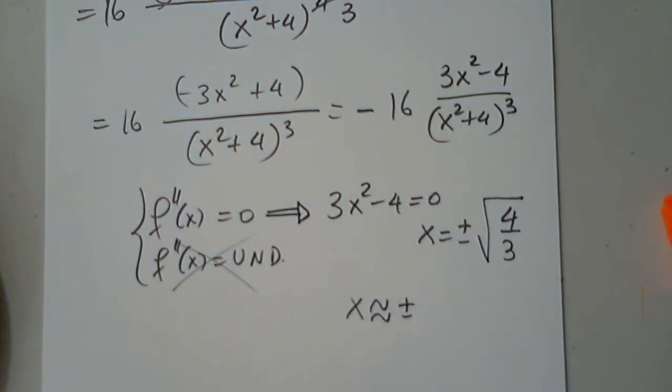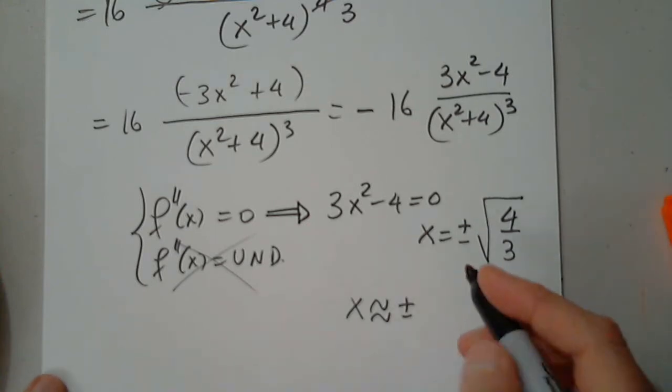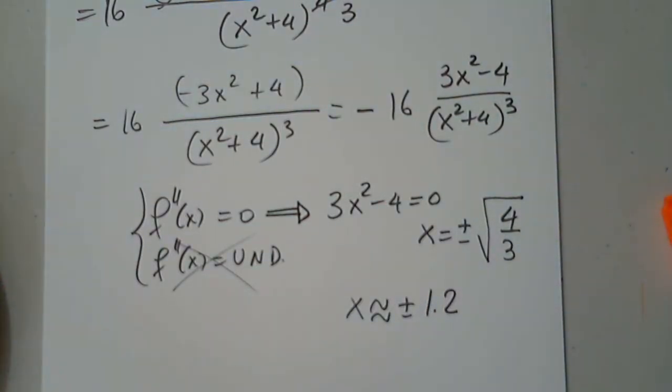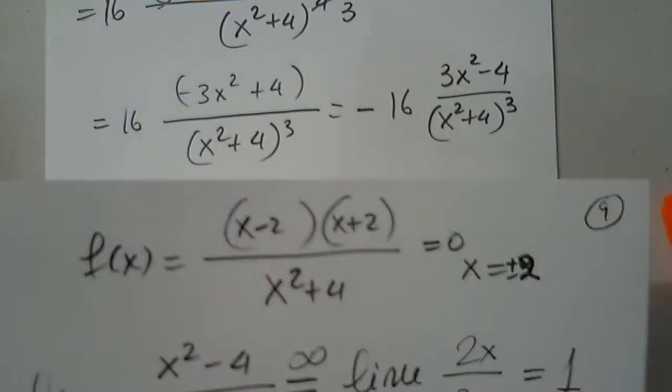So I'm going to my graphing calculator, and I have the square root of 4 over 3. What is this? 1.2. So plus or minus 1.2. Back to the table immediately.